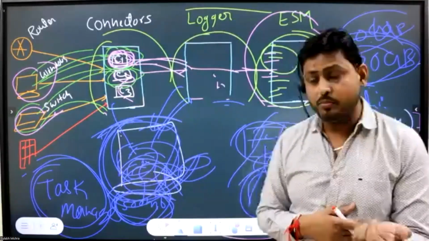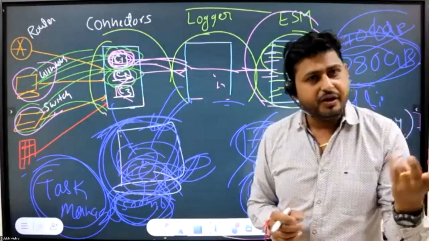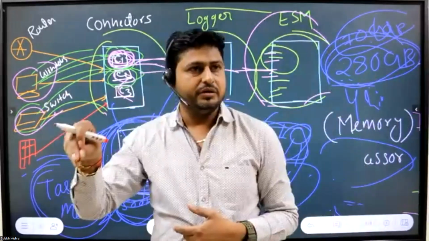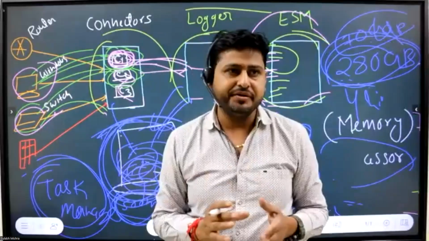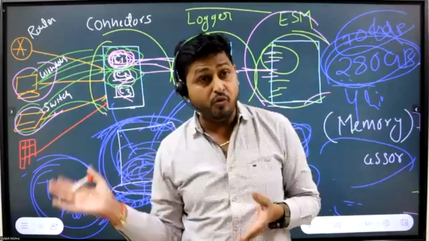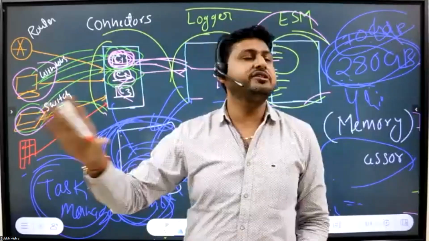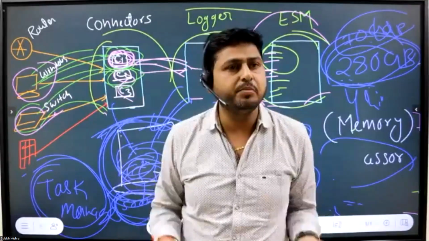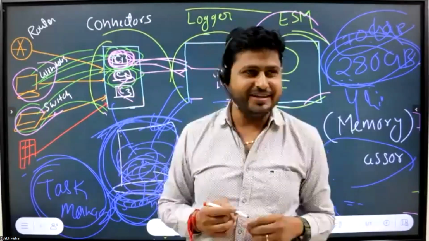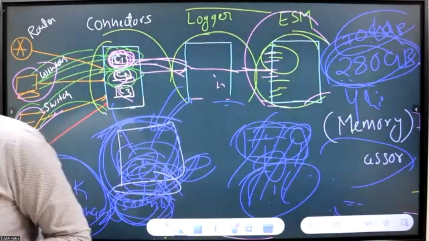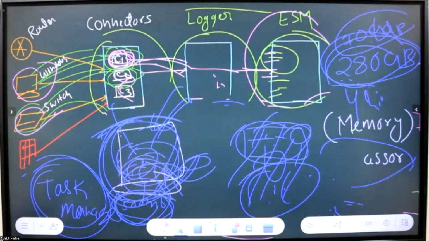So whenever the system is slow, mostly we refer to CPU and memory. We check what task is eating more and more CPU and memory. If we find any task using more CPU or memory, we can kill those tasks, or we can disable those applications which are eating more memory. Understand? Now you'll be able to understand how much RAM and CPU you require in the system.